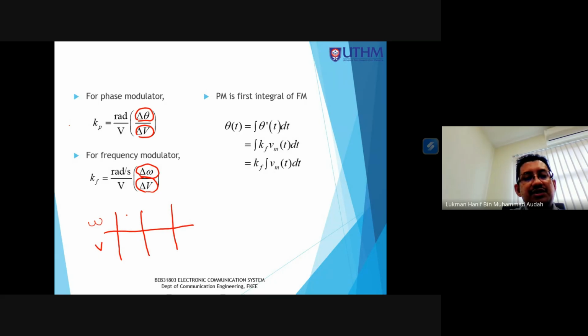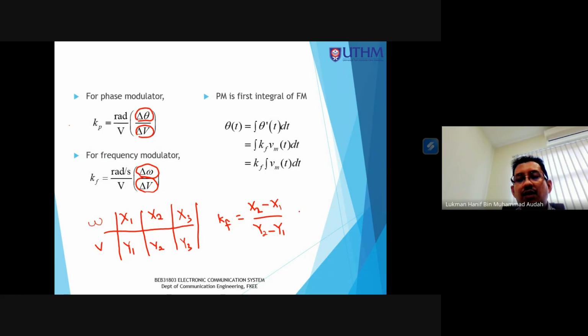Imagine we have x1, x2, x3, and here we have y1, y2, y3. In order to find the Kf parameter, it is equal to x2 minus x1 divided by y2 minus y1.